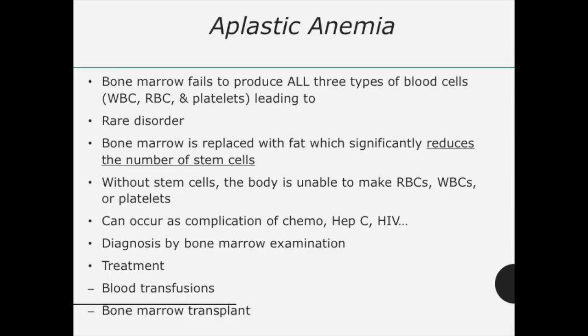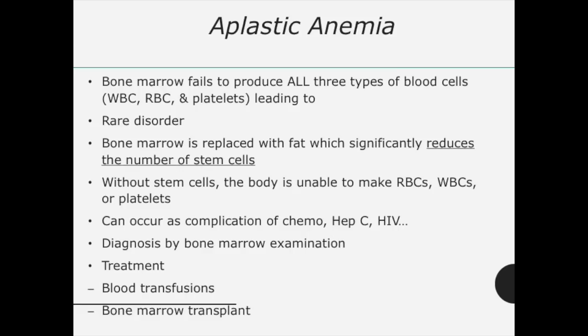They are going to have the bruises, the petechiae, the purpura, and then they're going to be tachycardic. That's one of those responses to anemia. And then they are also going to be fatigued.